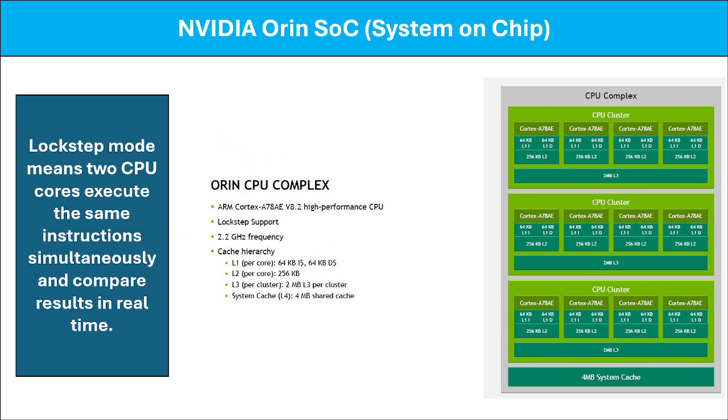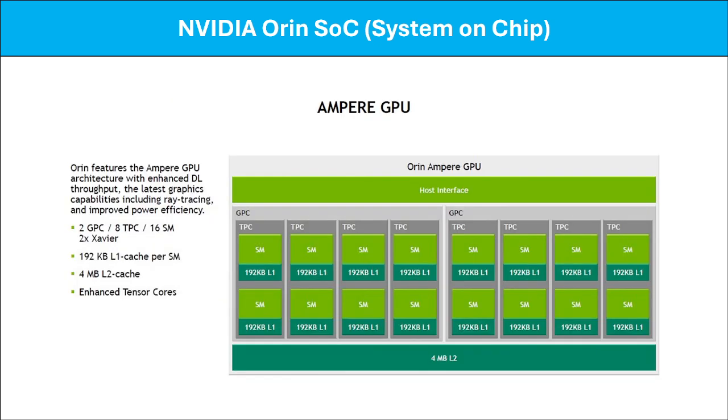So let's go further. The second block is the GPU section or block. What can we say about that? We can see that here is also a 4 megabyte L2 cache.